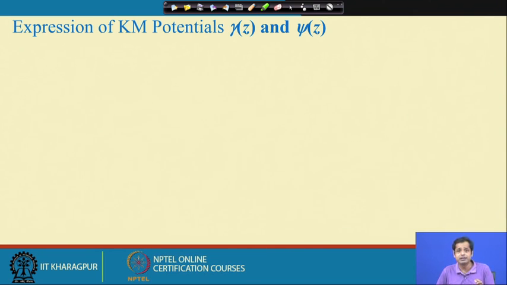The only thing which is important here, as in the previous Airy's stress function methods also, is that we have to start with an assumption of gamma z, and in this case gamma z and psi z. Once we start with some assumption, the rest is to substitute that expression of gamma z, the potential, in the governing equations and the boundary conditions, and then find the associated constants.